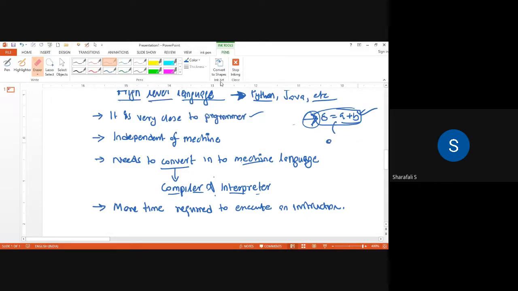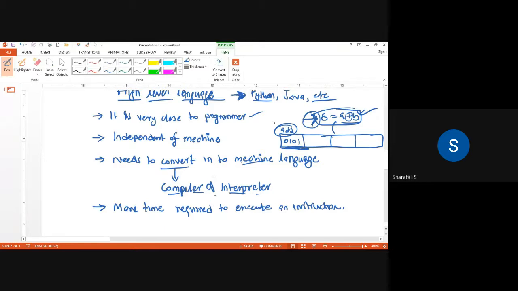So here, for example, let's consider a 20-bit system. 20-bit means we will be having 20 bits here. For example, the first 3 bits, 101, are used for the addition.